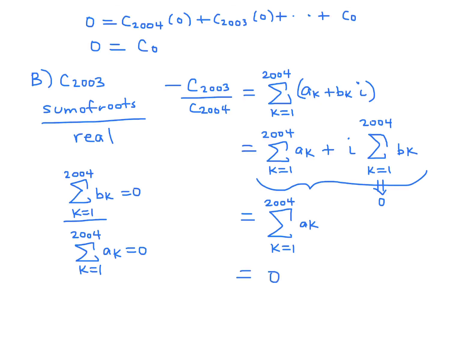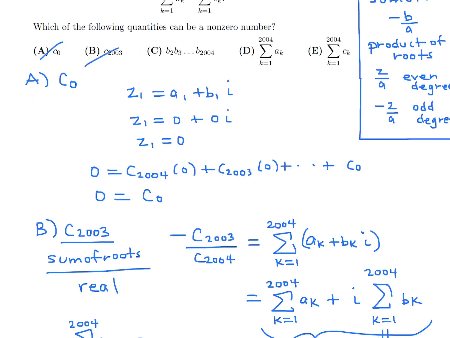So this means that minus C to the 2003 over C to the 2004 is 0. So if you cross multiply, you'll get C to the 2003 is equal to 0. So this is also equal to 0. So that means that's out.